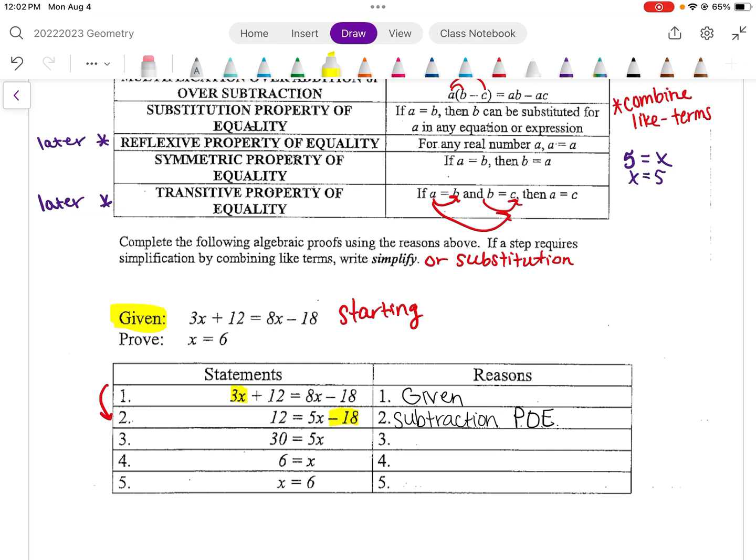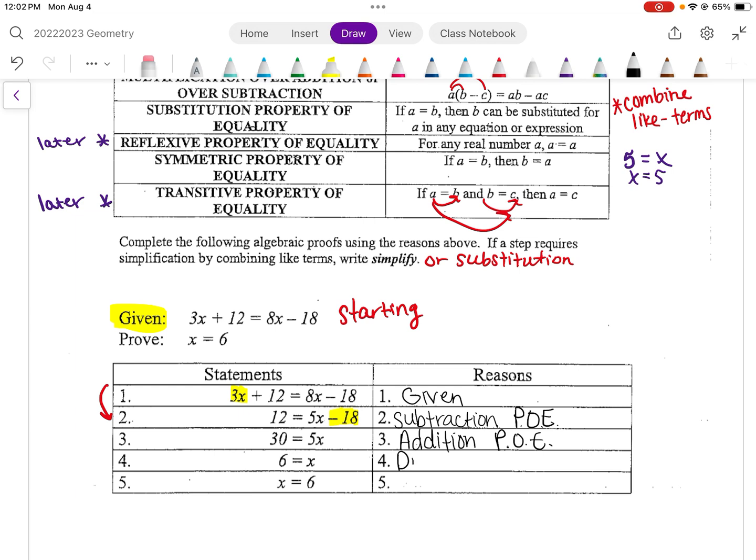What did they do to get rid of that negative 18? If you were solving this equation, you would have had to add 18 to both sides. So right here in step 3, to get this, they used the addition property of equality by adding 18 to both sides. And then from step 3 to step 4, they have 6 equals x.